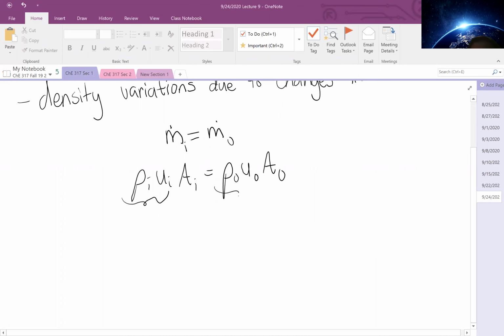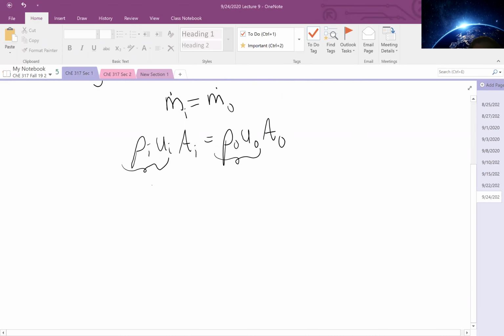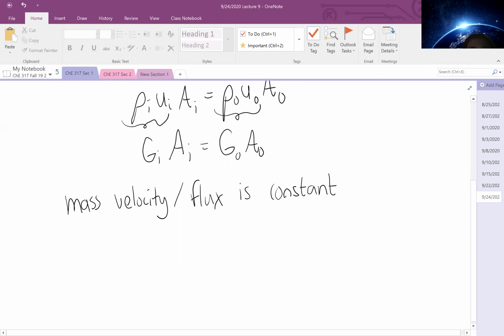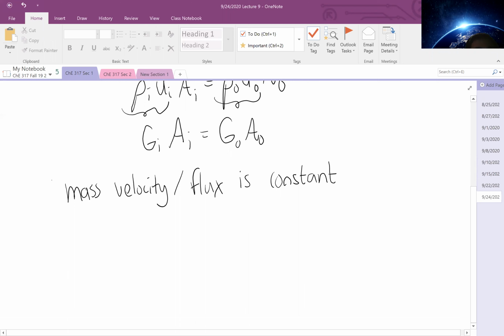We have to consider not density and velocity by themselves, but their combined product, to consider the fact that for steady state flow with a compressible fluid, our mass velocity or mass flux is constant. So in these systems, even though due to pressure drop we have a decrease in density as well as an increase in velocity, the mass velocity will remain constant.